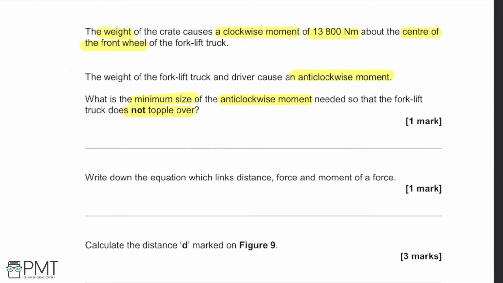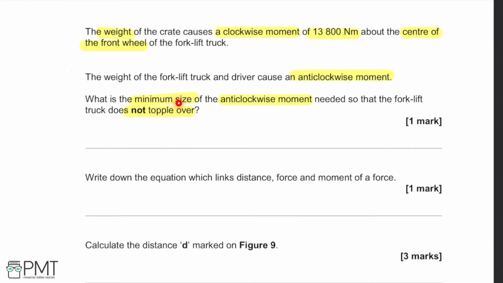So in this case, if we have a clockwise moment of 13,800 that we see in the top, in order for this object to be in equilibrium and not topple over, the anti-clockwise moment must be at least 13,800 newton meters, and this is to ensure that the clockwise moment isn't too great, so the forklift won't topple over.